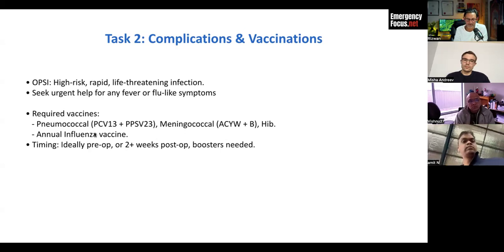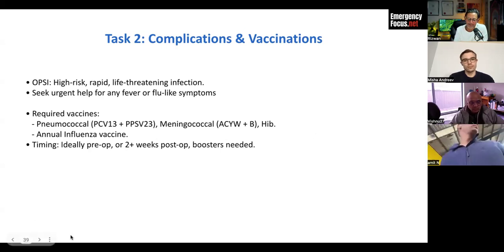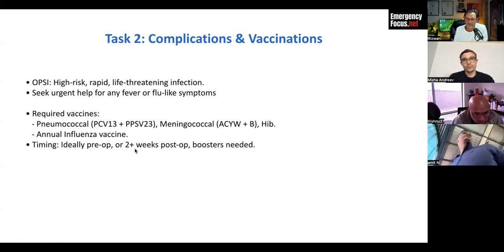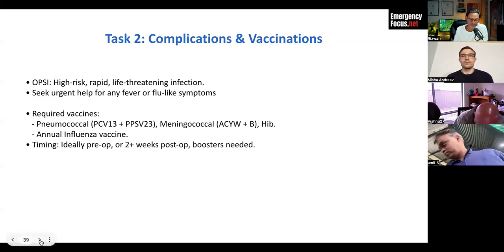And when you talk about vaccines, pneumococcal, meningococcal, and Hib vaccines are by far the most important. If you want to remember any vaccination, please remember these three: PMH, past medical history. Easy to remember. Okay. Timing is ideally pre-op or at least 2 weeks post-op, and boosters would be needed periodically.